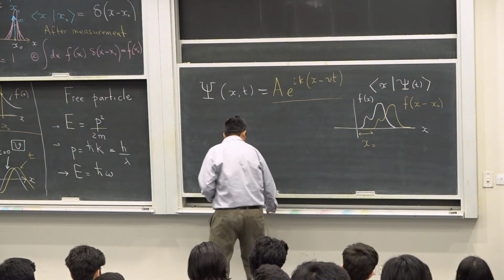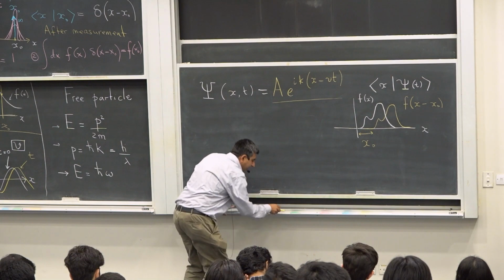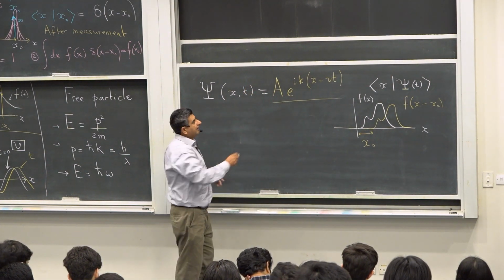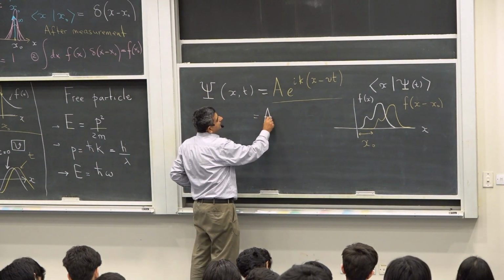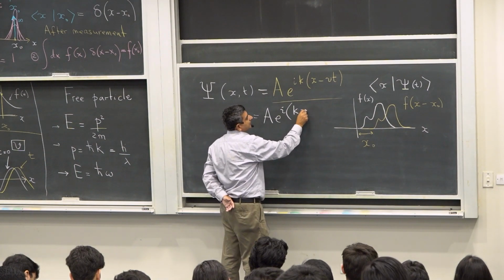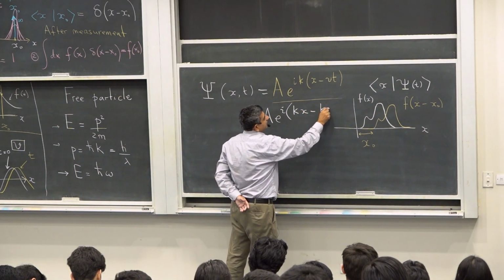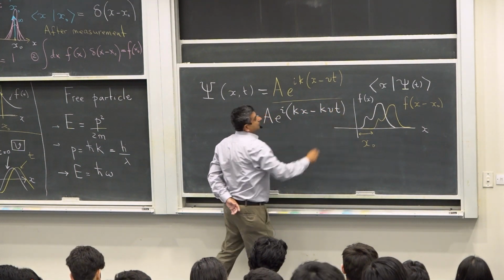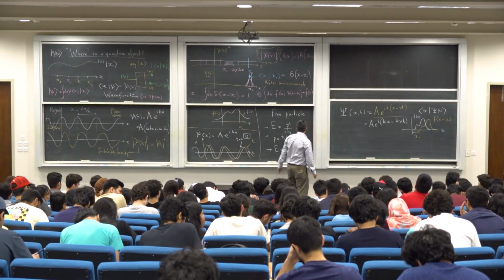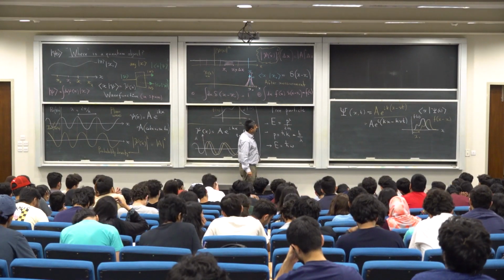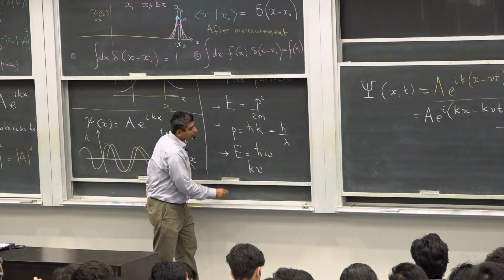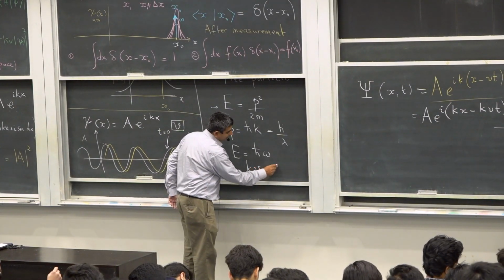Another way of writing this, I hope you get this easily, is A e to the i kx minus kvt. But kv is also equal to omega.